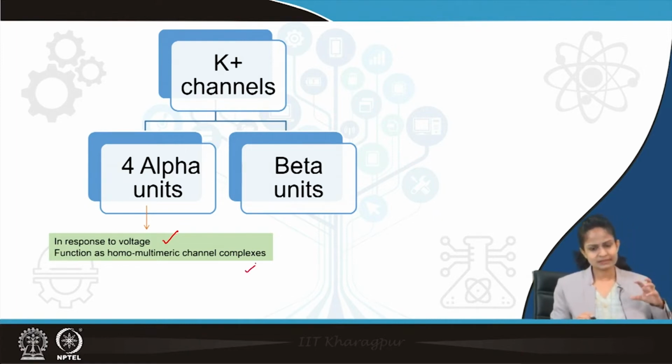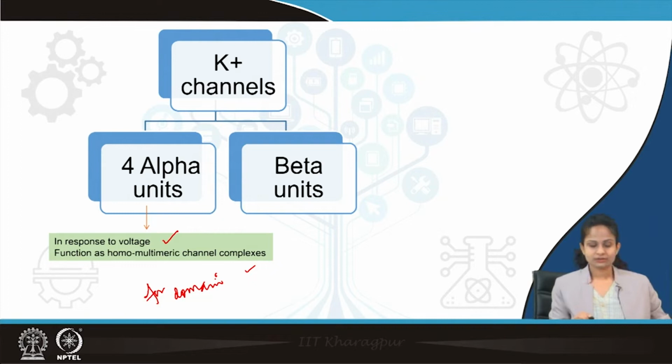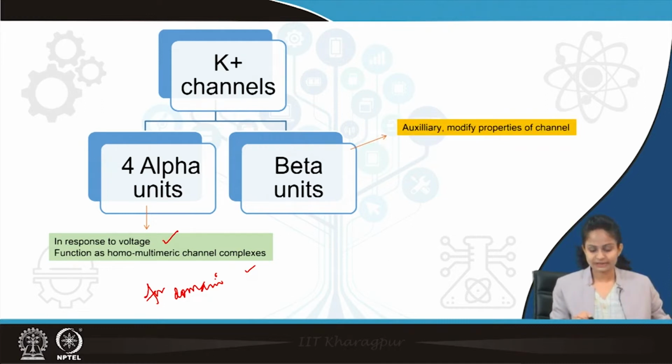The pore is kept in the center, and the tetramer is formed by the alpha subunits, and this mainly forms the functional domain. Now the beta subunits are nothing but auxiliary subunits or parts of the potassium channels. They modify the properties of the channel.